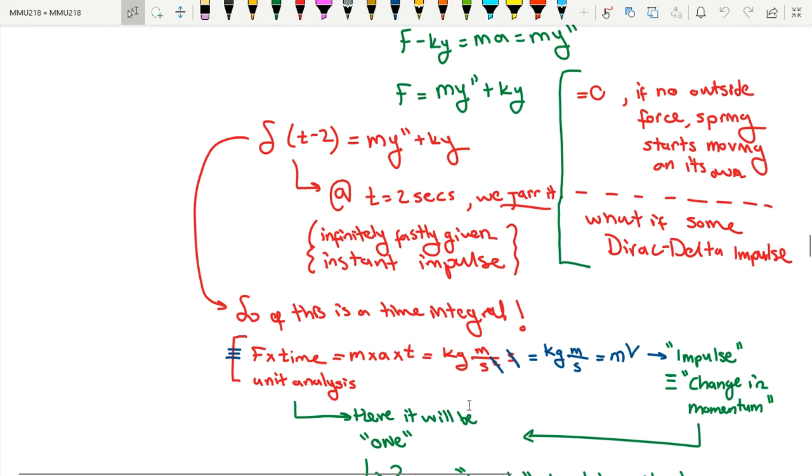So if you put kilograms for mass, meter per second squared for acceleration, and second for time, you will end up with kilogram meter per second, and that is mass times velocity, which means that the impulse that I'm talking about in a kind of abstract way is actually referring to a change in momentum.